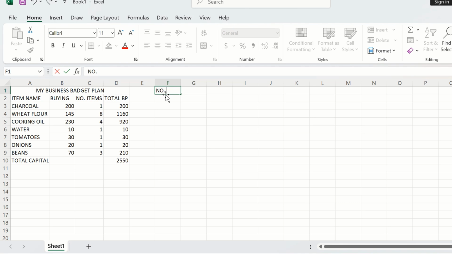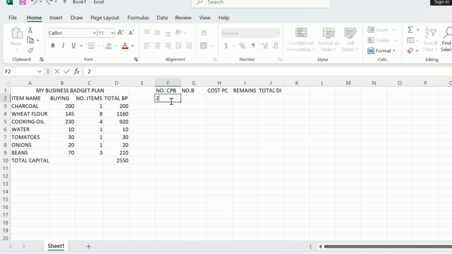So the number of chapati per bag, the number of bags that you have cooked, then the cost per chapati, and then the remaining chapati that you have not sold successfully on that day, and then lastly you calculate the total daily income.